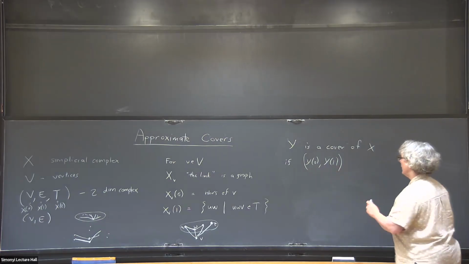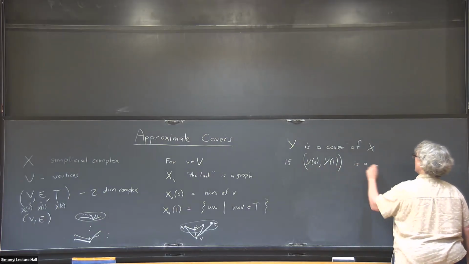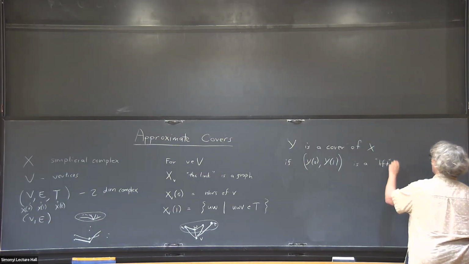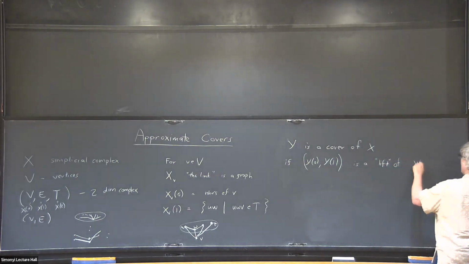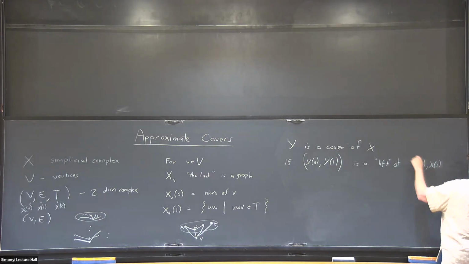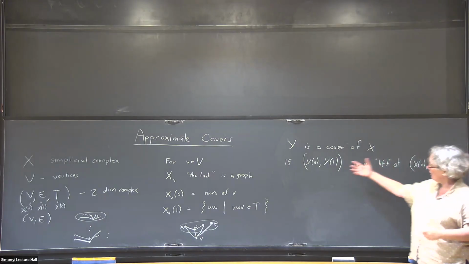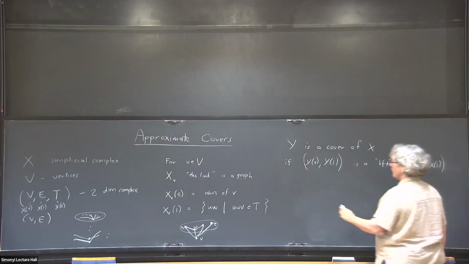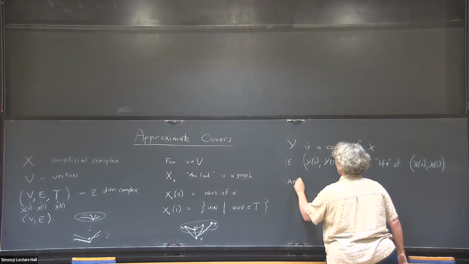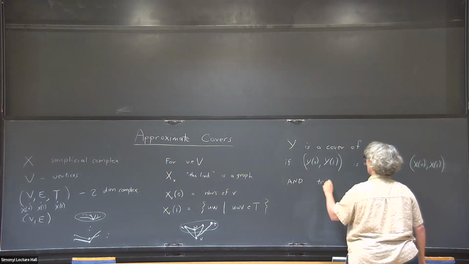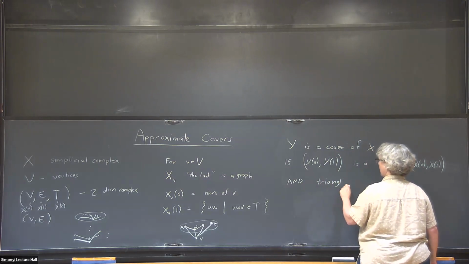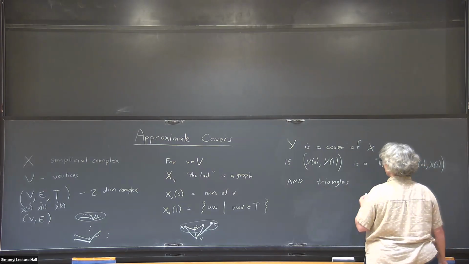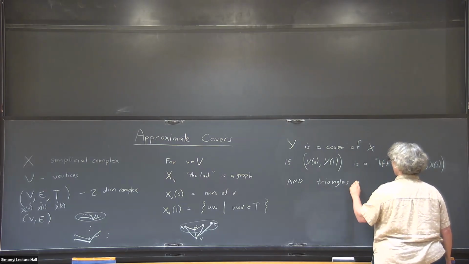And so a cover, this part of the cover is just the one skeleton, it's just a graph. So I want this to be, let's call it a lift of the graph X0, X1. So it certainly must be a cover in the usual sense of graphs. But then we have this extra condition, that triangles must, well, let's say triangles go to triangles.